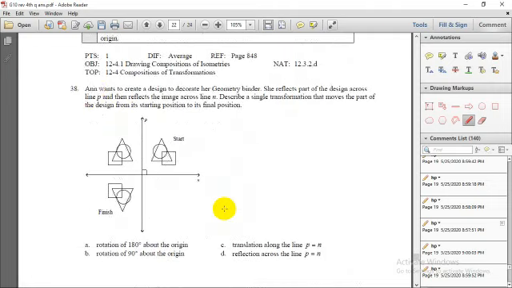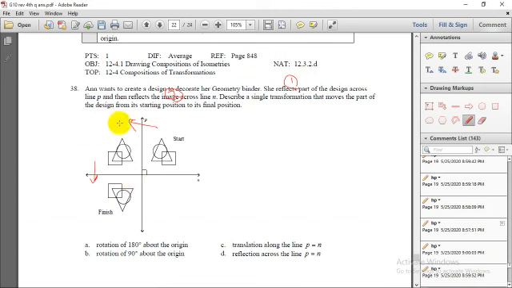Okay. Let's see here. Anne wants to create a design to decorate her geometry binder. She reflects part of the design across the line B. Okay, so she reflects this figure across the line B. Then look here, I have two transformations, one reflection and the other one reflection across the line N. So I have 2 reflections, across the line B, then across the line N. Describe the single transformation that moves the figure.